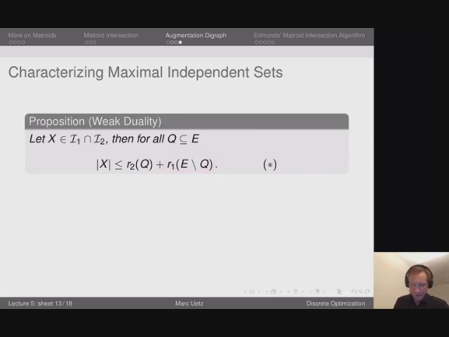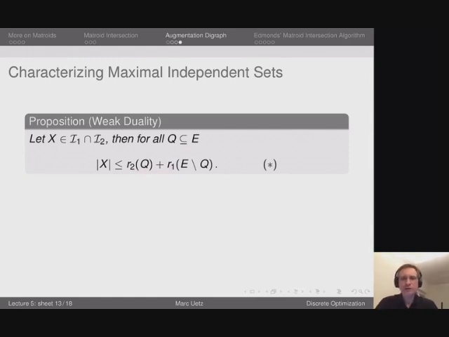And notice that you could exchange the roles of the rank functions of the two matroids here, because this is going to hold for all subsets Q. So I can as well use the same claim for the subset E minus Q, and then I would get the roles of the two matroids exchanged.